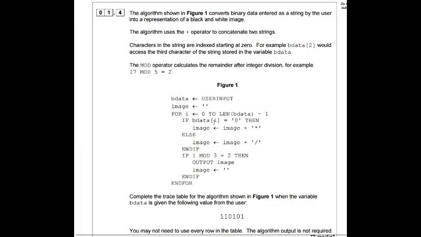The MOD operator will calculate the remainder after integer division. We need to complete the trace table for the algorithm in figure 0.1 where the variable B data is given the following value from the user.